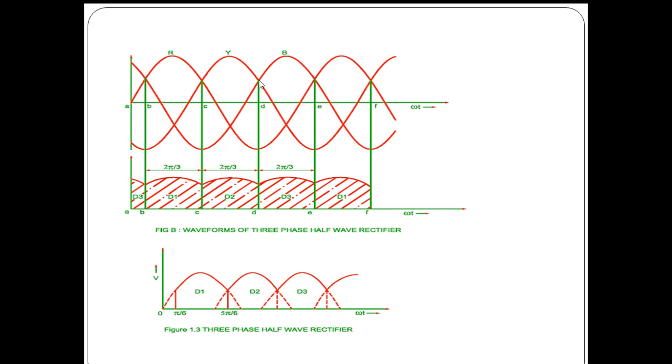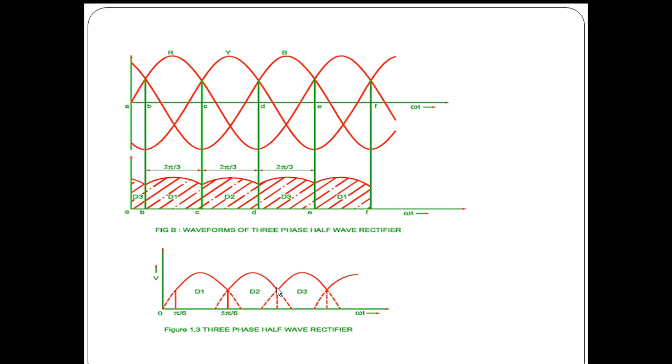And from point D, the diode D3 will be in conduction because phase B is subjected to more forward bias. So we are getting output across the load, and the output waveform will be like this.